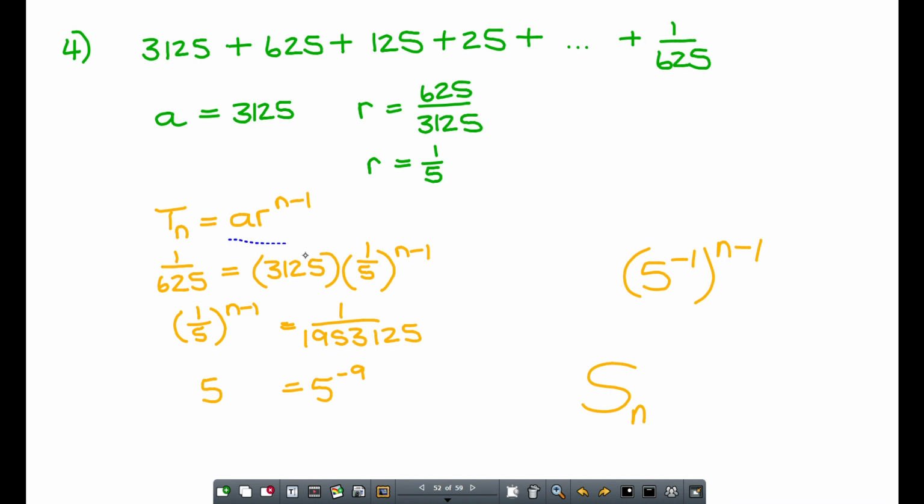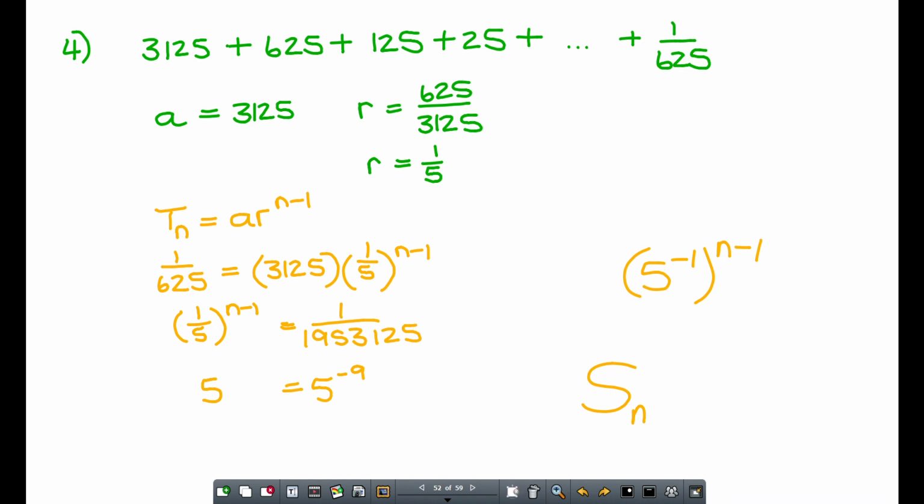En ek maak dit gelyk aan daai 1 op 625. Want nou gaan jy gaan sien, as ons verder werk, dat hierdie is die 10de term. En dan kan ek gaan uitwerk die som van 10.